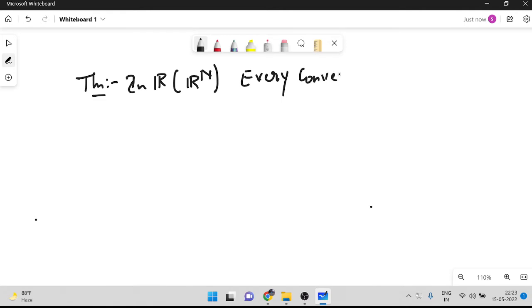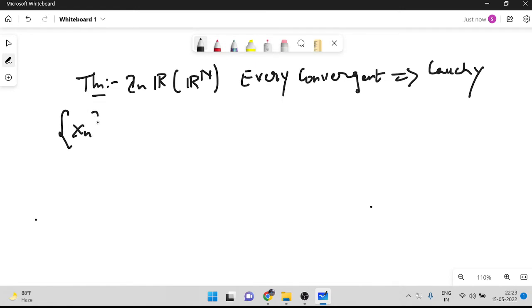So now the first theorem. In the reals, or R^n, a happy space again, every convergent sequence is Cauchy. So how do you know that?